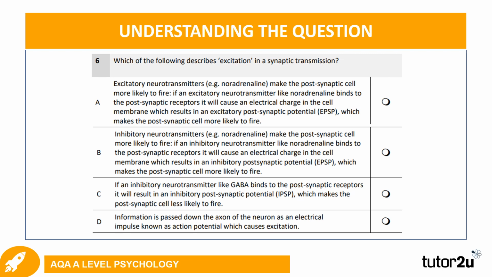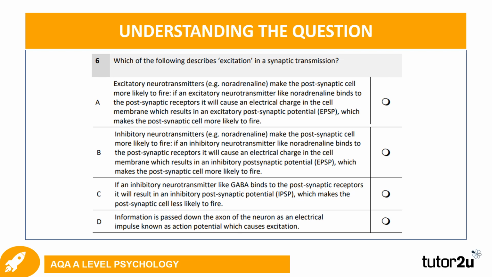Is it B? Inhibitory neurotransmitters, for example noradrenaline, make the postsynaptic cell more likely to fire. If an inhibitory neurotransmitter, like noradrenaline, binds to the postsynaptic receptors, it will cause an electrical charge in the cell membrane, which results in an inhibitory postsynaptic potential, which makes the postsynaptic cell more likely to fire.